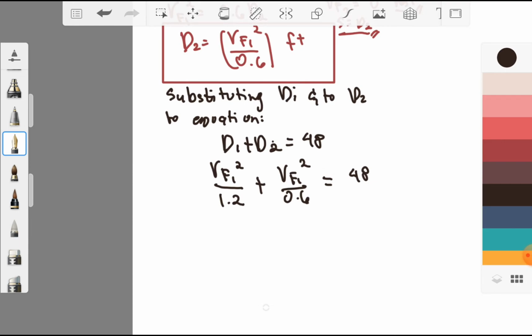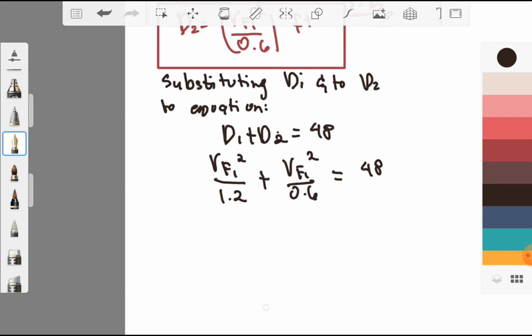So, mapapansin nyo that you can solve for your feet per second already. Paano? Basically, lalabas lang natin yung VF1 squared natin. So, we have 1 all over 1.2 plus 1 all over 0.6 is equal to your 48. Okay?